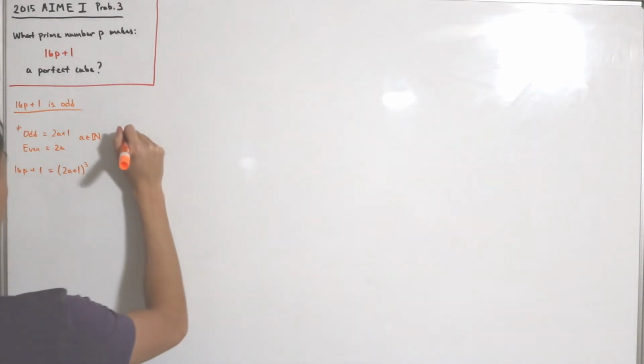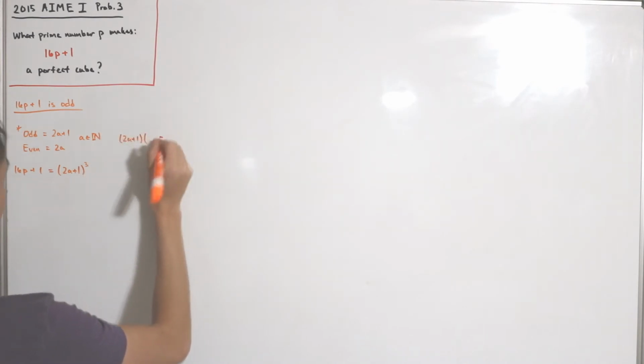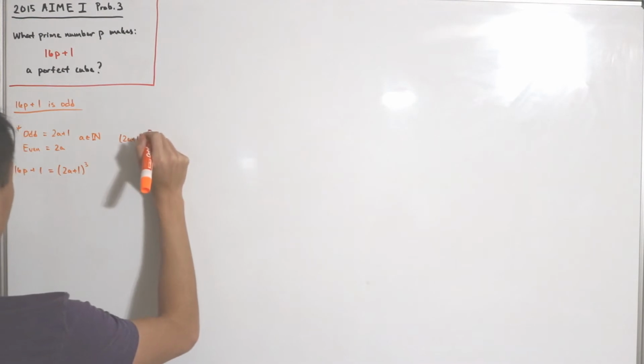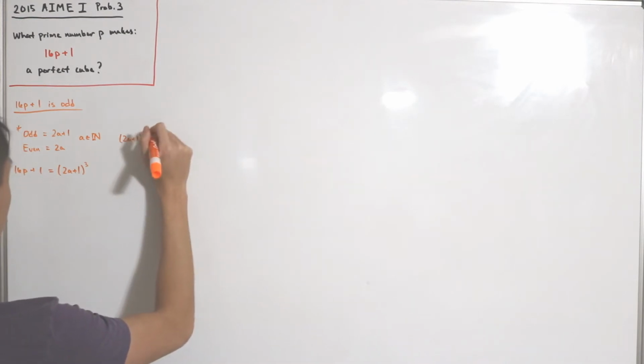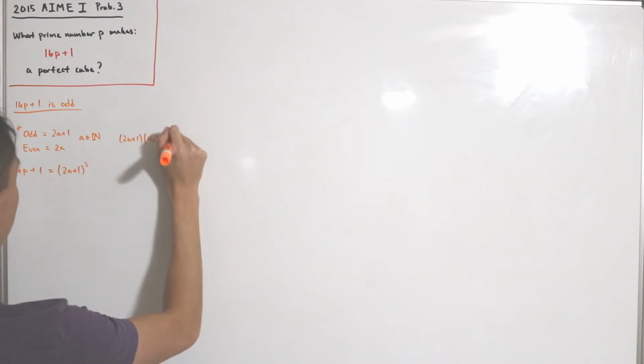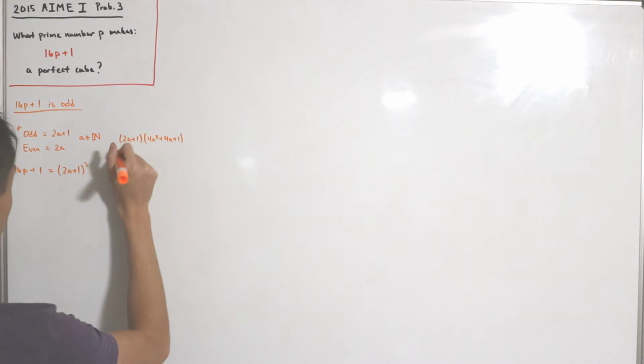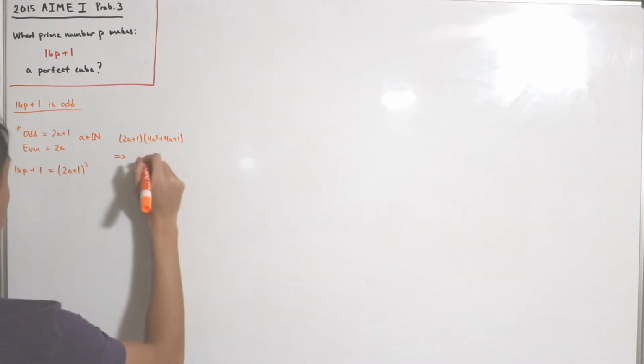So let's see. 2a plus 1. This is the expansion of 2a plus 1 squared, so this is 4a squared plus 4a, and then plus 1. And then just do it again another time: multiply that by 2a plus 1.